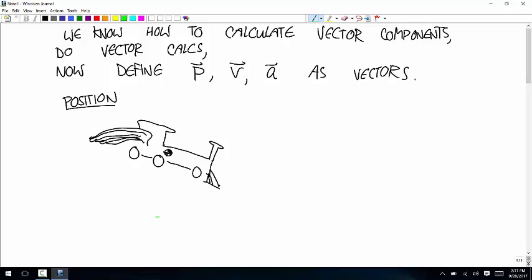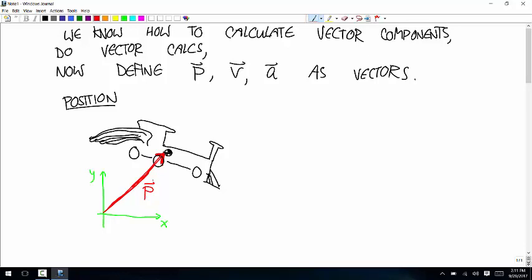Once you draw the coordinate system, so let's say this is our chosen coordinate system, the position vector is the vector that goes from the origin of your coordinate system to the object. Okay, so that red vector with the head pointing to the train is the position vector.